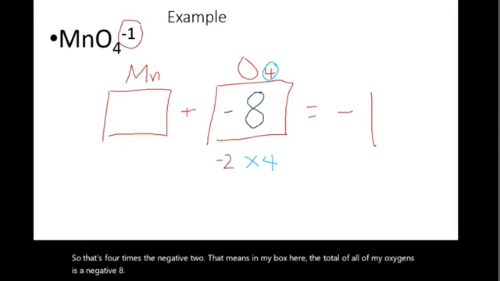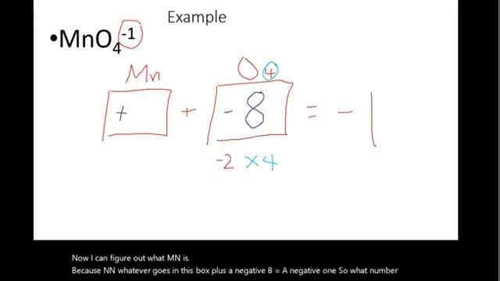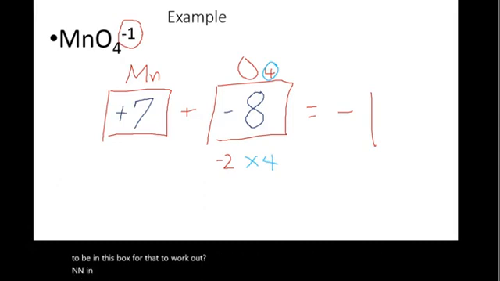Now I can figure out what Mn is, because Mn, whatever goes in this box, plus a -8 equals a -1. So what number has to be in this box for that to work out? Mn, in this case, is a +7. So if it asks, what's the oxidation number of Mn in this compound?